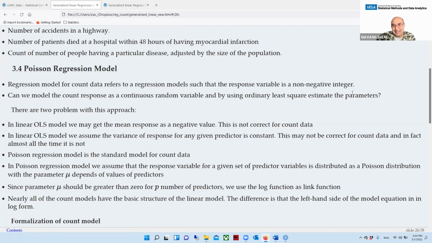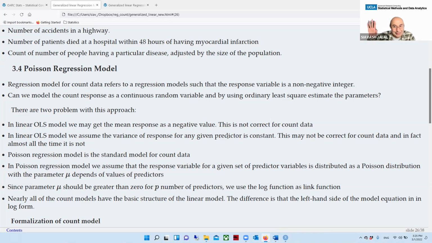Another problem is that the variance of the outcome in the count model almost always depends on the expected outcome itself. The variance of the response depends on the expected response. In the Poisson it is exactly the same, right? So it is not constant for all values of the outcome. So that's a big issue.